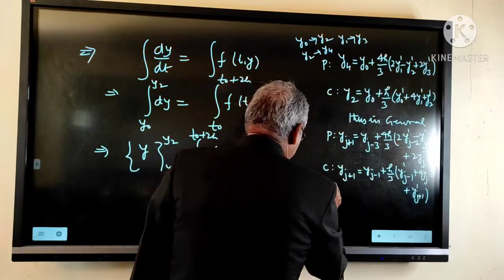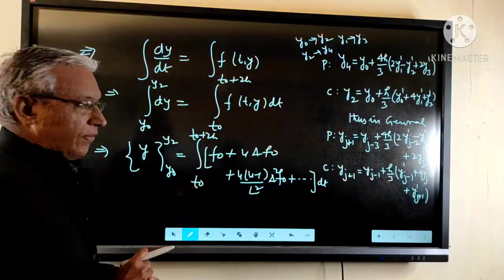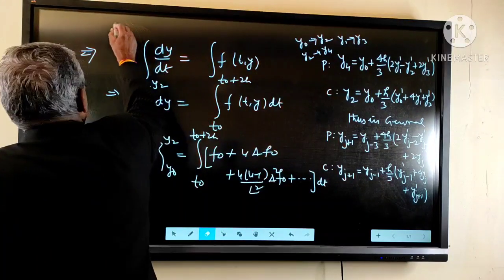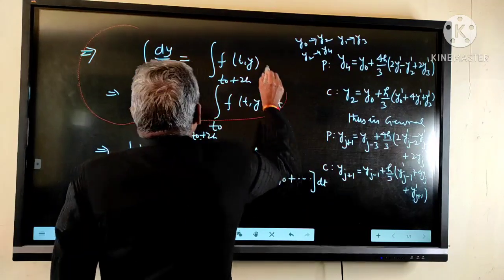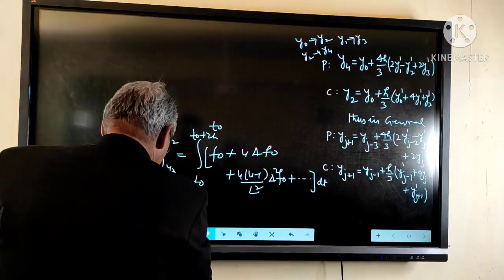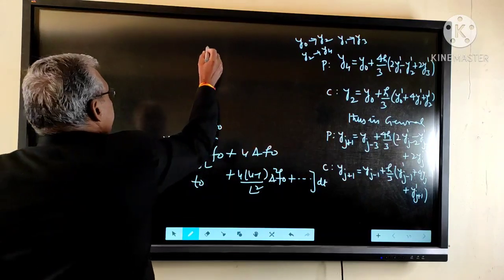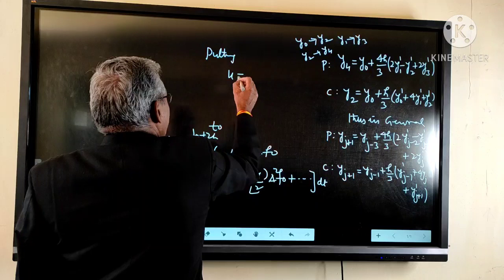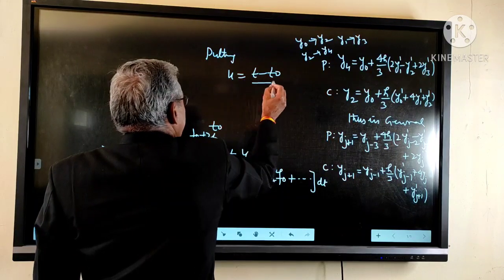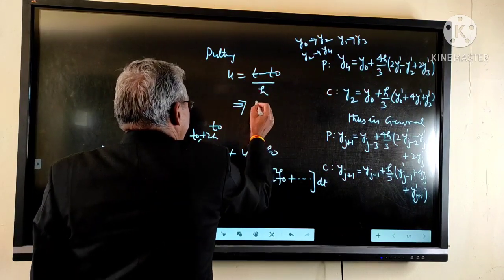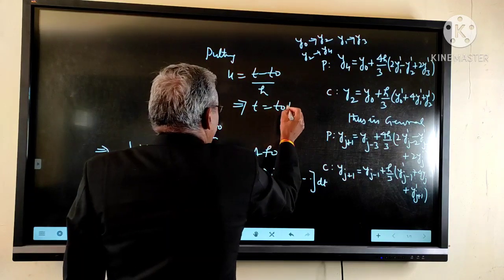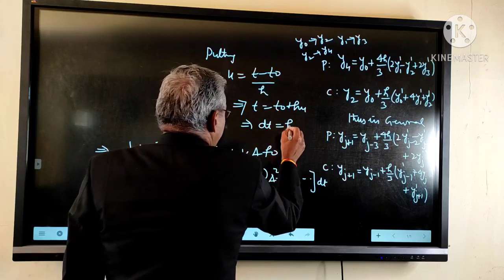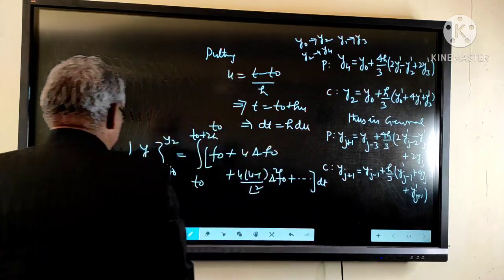Neglecting the higher order differences, here we put u equals t minus t0 by h. This can be written as t equals t0 plus hu, so therefore dt equals h du.